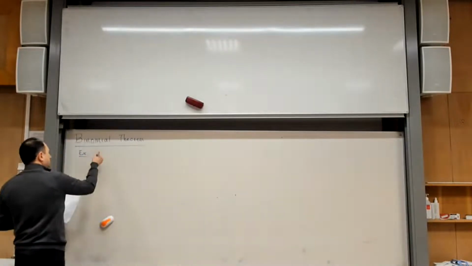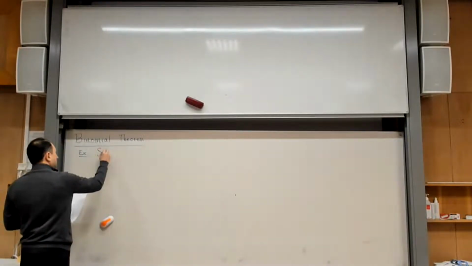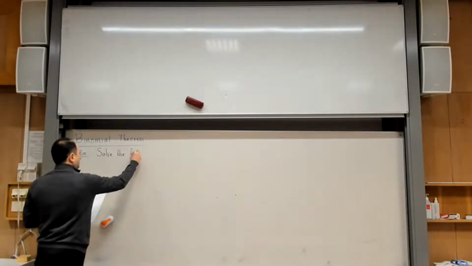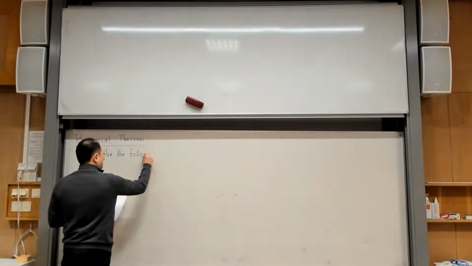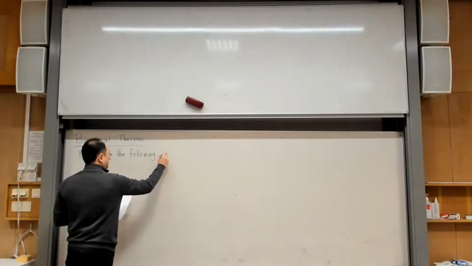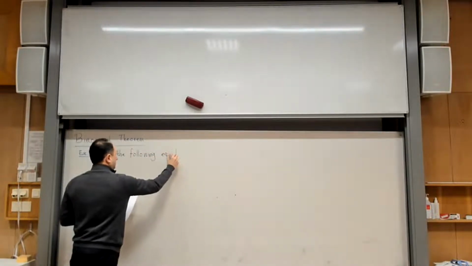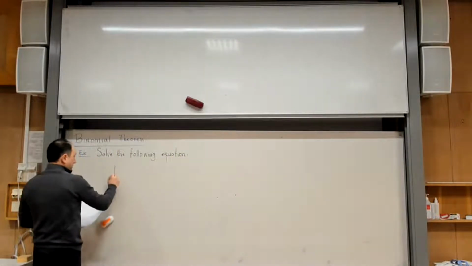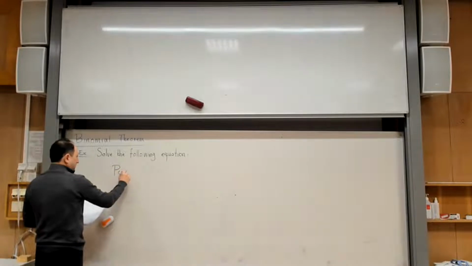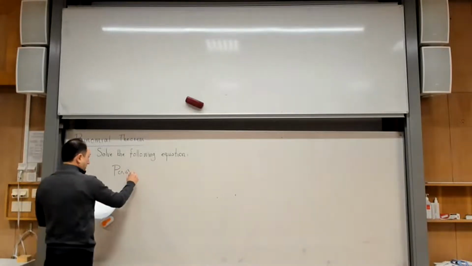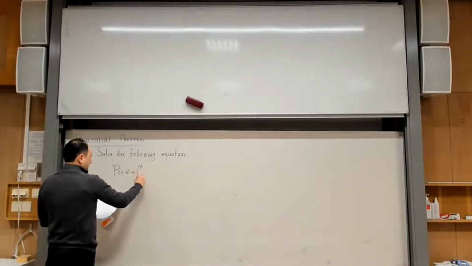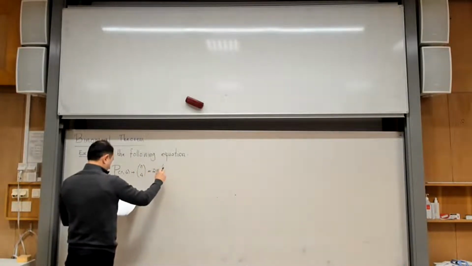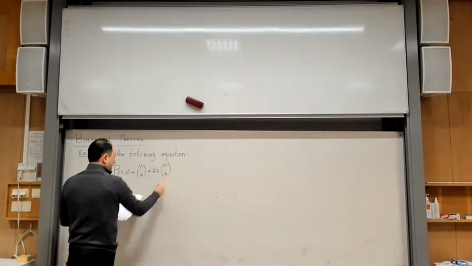Let's solve the following equation. So we have P(n,4) plus n choose 4 is equal to 25 times n choose 5.